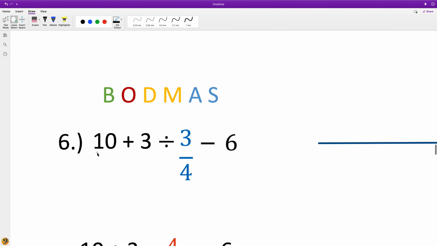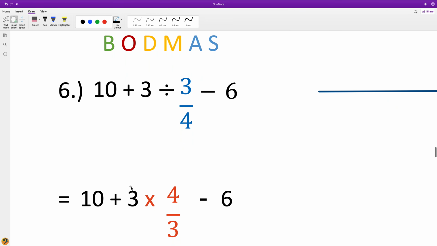Okay, so when we have 10 plus 3 divided by 3/4 minus 6, our first line of working out becomes this. As we've just spoken about, we are evaluating this part of our operation, 3 divided by 3/4. Once again we change the divide to a multiply and we invert the fraction. So our first line of working becomes 10 plus 3 times 4/3 minus 6.